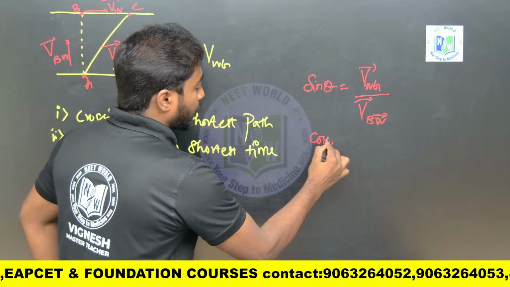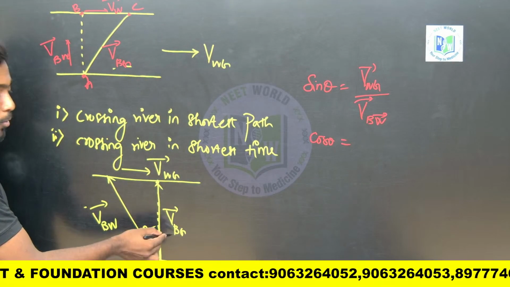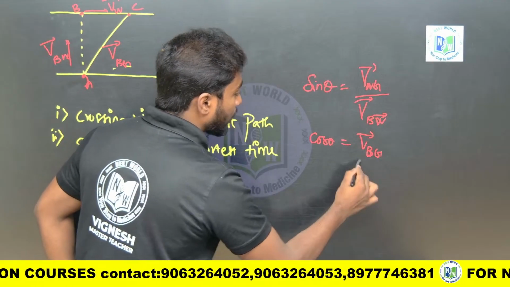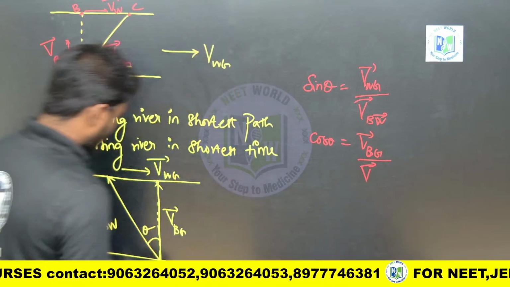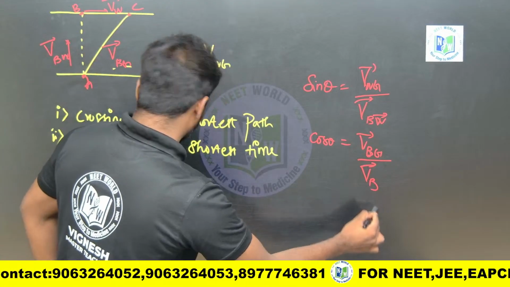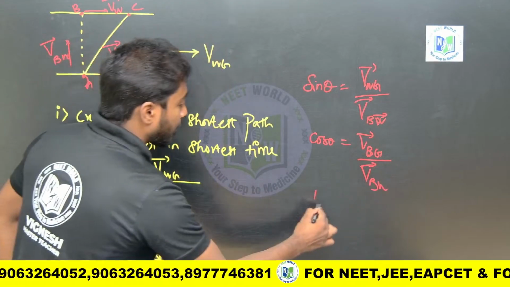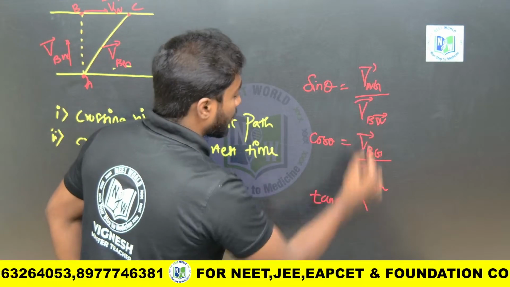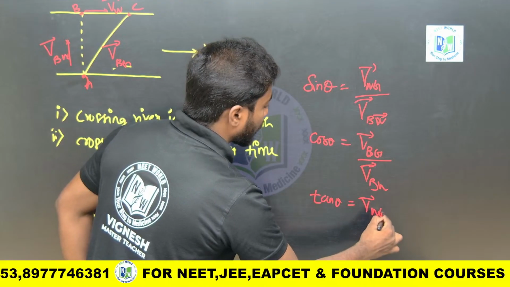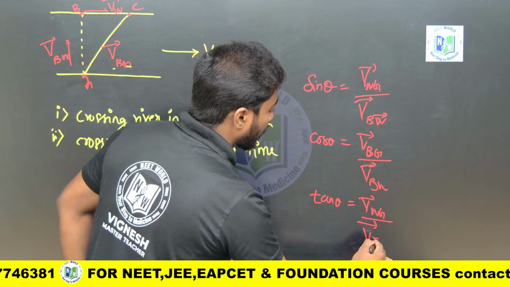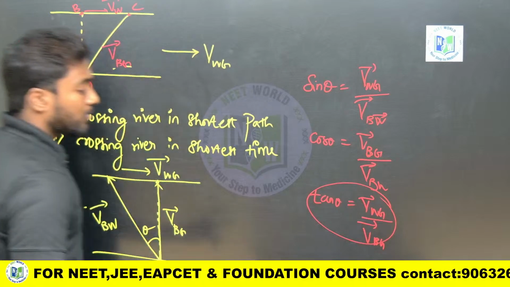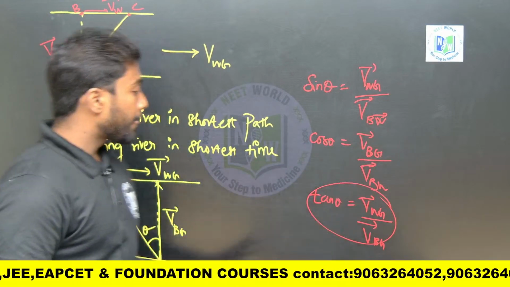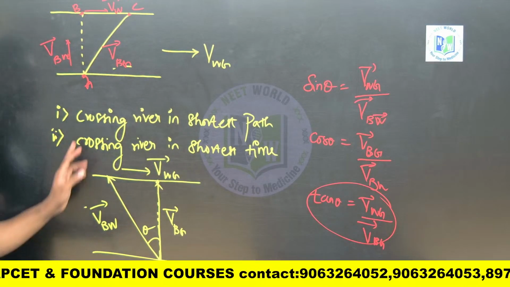Cos theta is adjacent, velocity of boat with respect to ground divided by velocity of boat with respect to water. Tan theta is velocity of water with respect to ground divided by velocity of boat with respect to ground. In some books it will be interchanged. No need to worry.